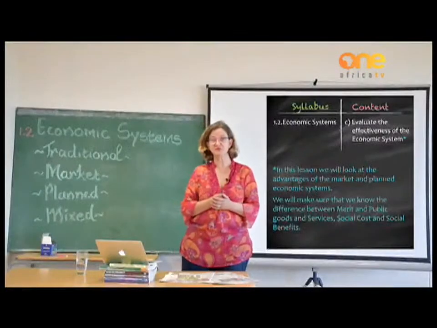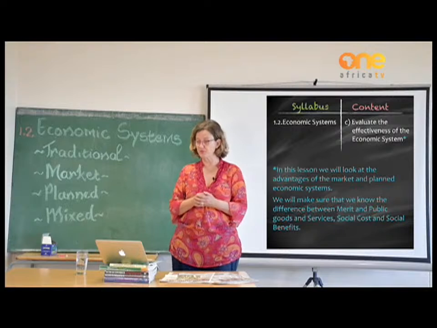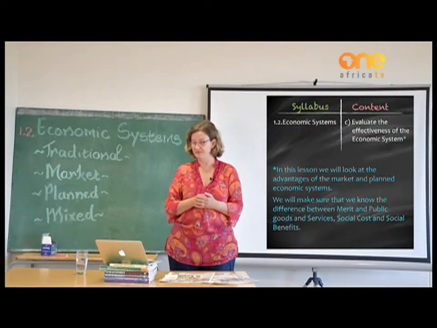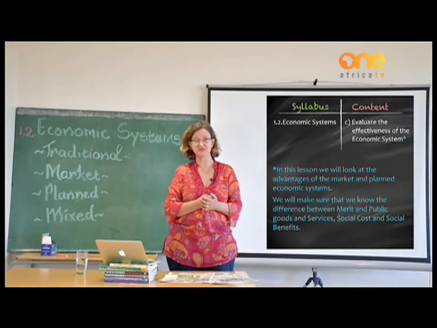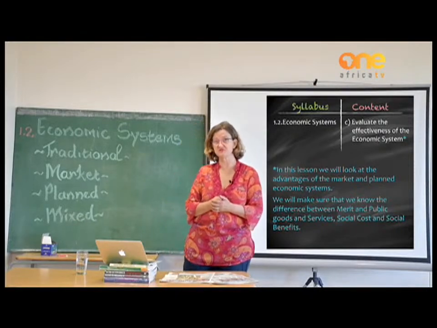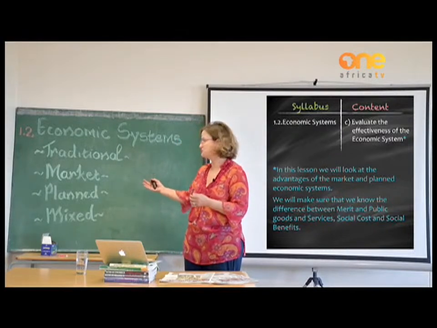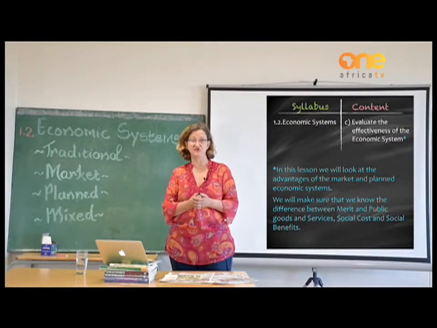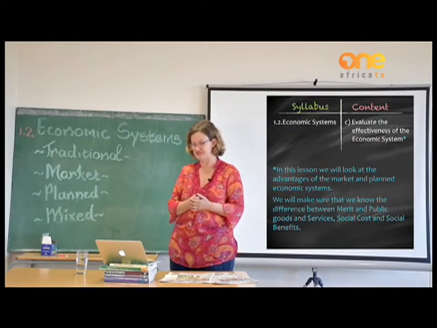Today, we are busy with the economic NSSC syllabus of Namibia. We are at 1.2 B and C. We will still look at the economic systems, but today we will specifically try to identify what is advantages and the disadvantages of a market and a planned economic system.